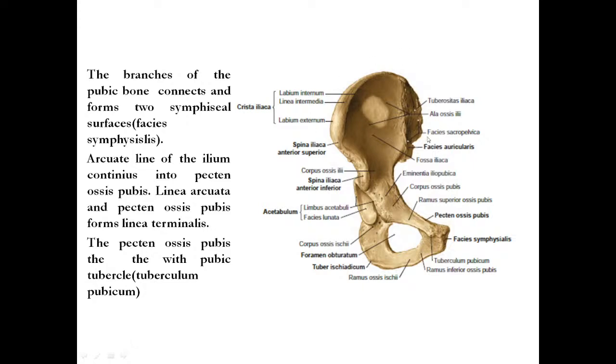Between the os ilium and the pubic bone is an area named eminentia iliopubica. This is the border between os ilium and os pubicum.